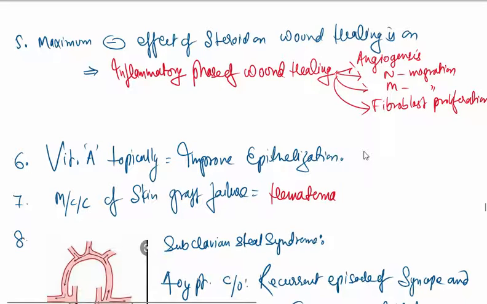Next one, maximum inhibitory effect of steroids on wound healing is seen in the inflammatory phase. Steroids will inhibit angiogenesis, neutrophil migration, macrophage migration, and fibroblast proliferation.